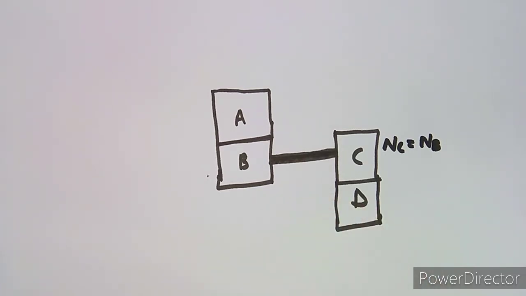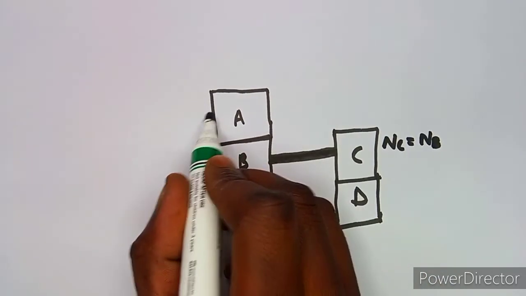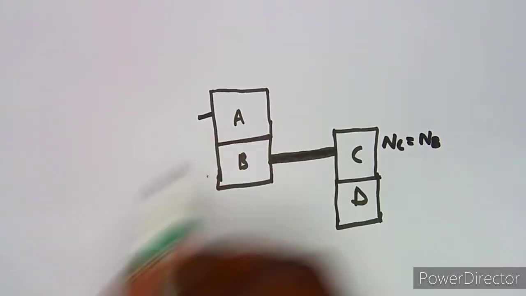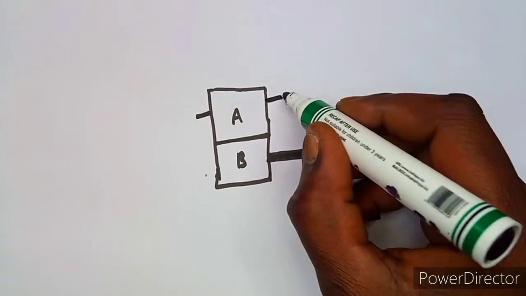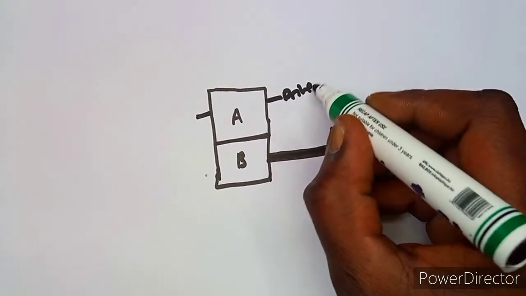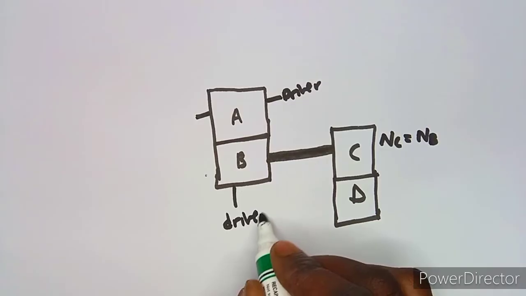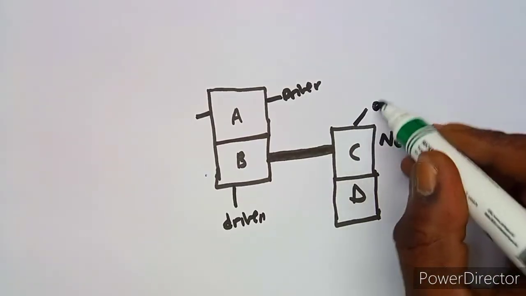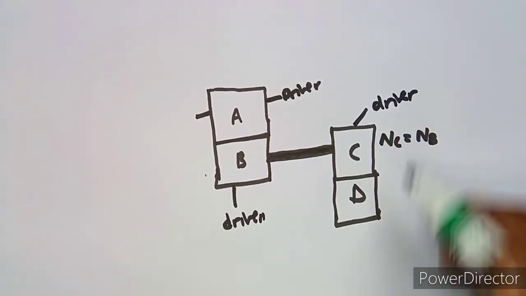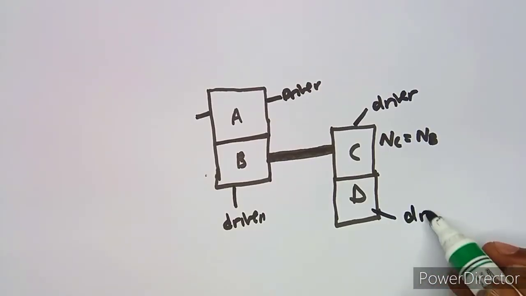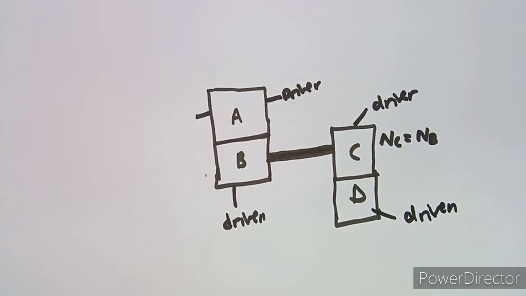Also you must know that this is the driver, which means B will be driven at that moment, and your C is also a driver, and your D will be driven at that moment. So that's the concept.